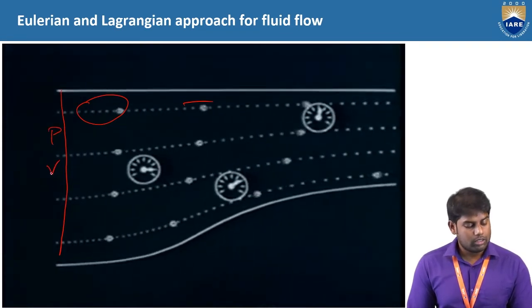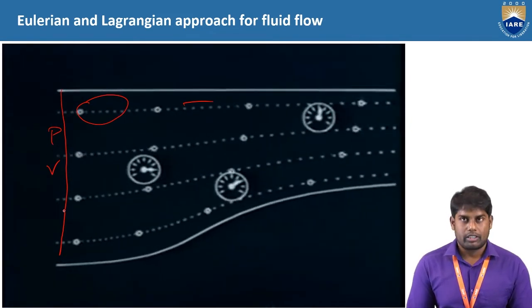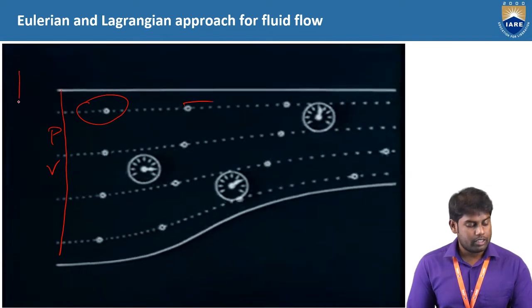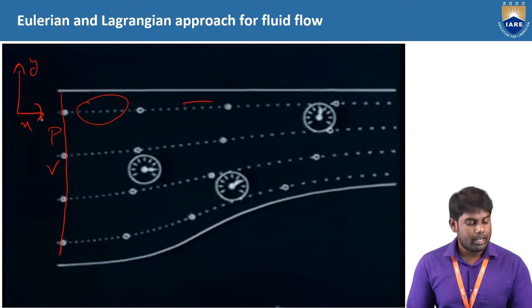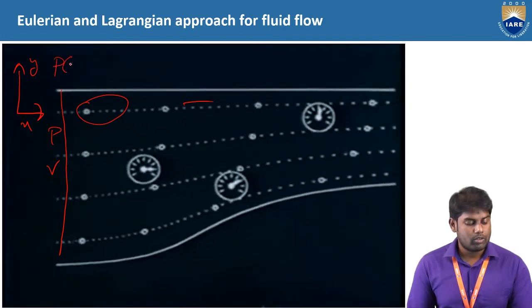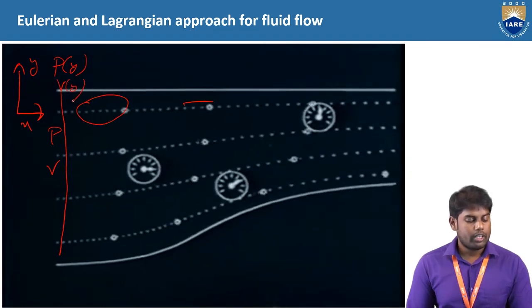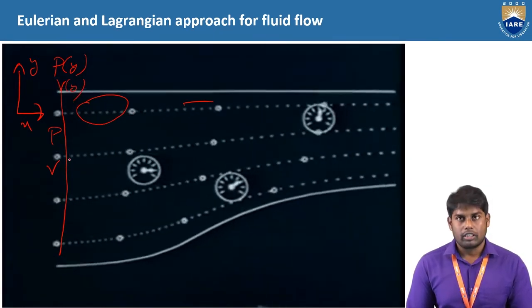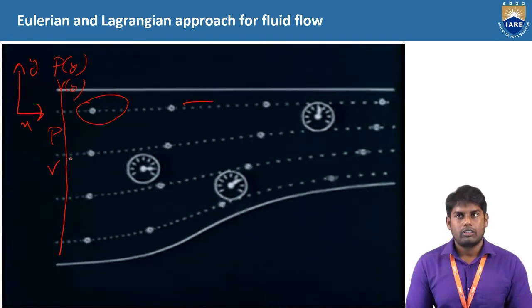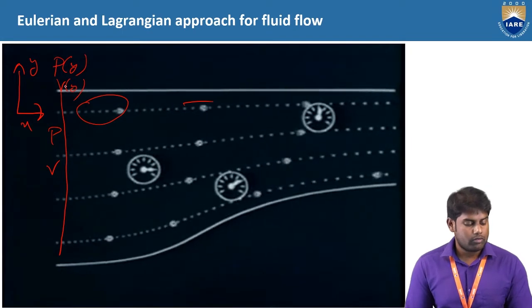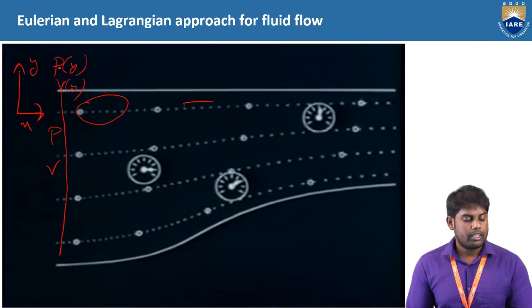If you are calculating these with respect to this cross section, let's say this is the x direction and this is the y direction, so the pressure as a function of y and velocity as a function of y along this cross section, you will be taking the average properties of the fluid flow. Fine. So this approach comes under the Eulerian.